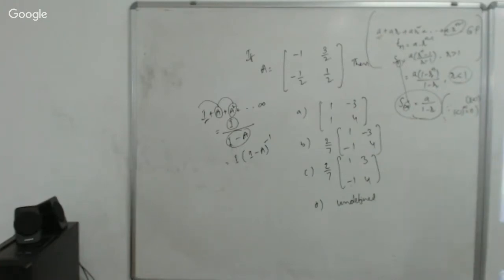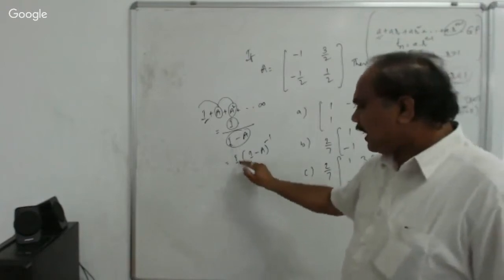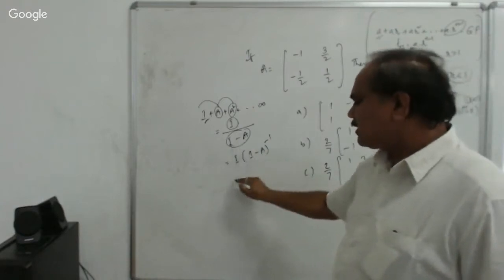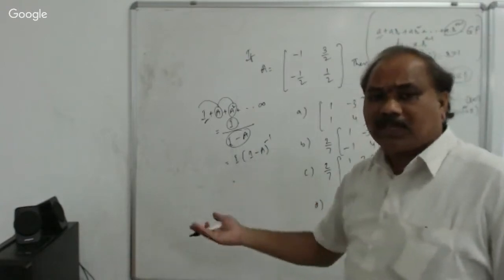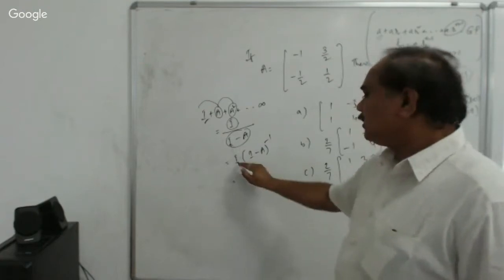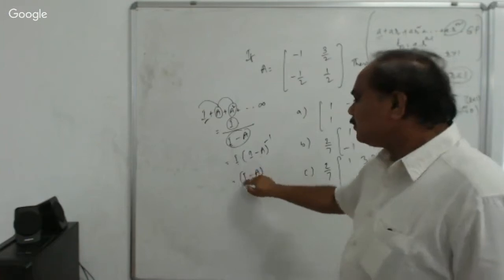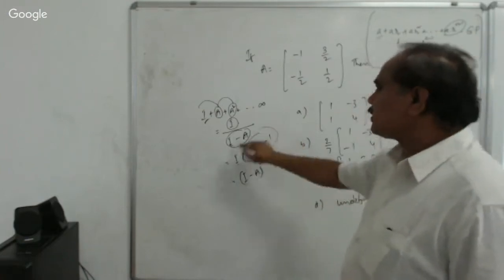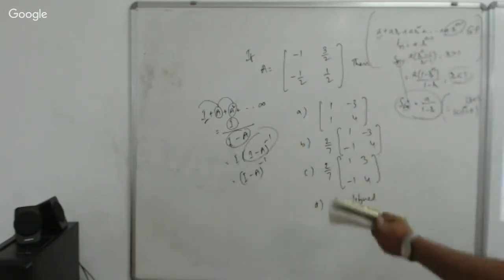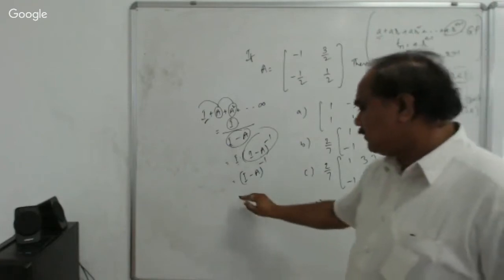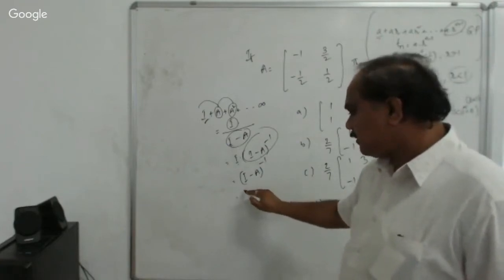Now I into any matrix is that matrix only, so first simplify (I minus A) inverse.